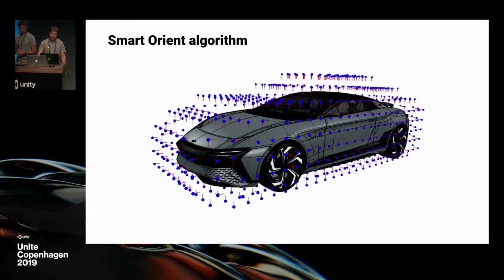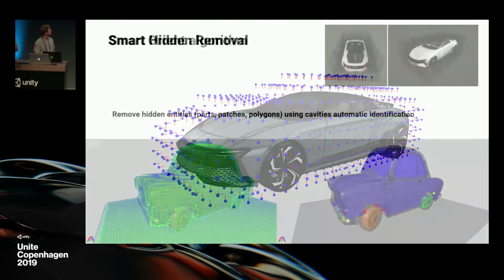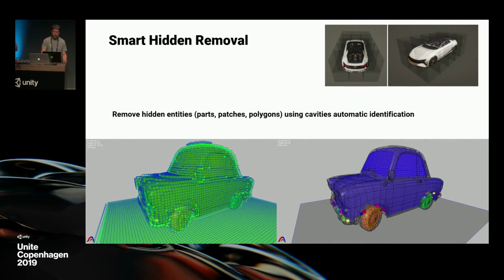The Smart Orient algorithm uses visual information to detect the orientation of the model. It generates points of view near the model and uses them to detect which side of each polygon is the most visible. The strength of this algorithm is that it automatically places viewpoints on the exterior, but also in the interior.